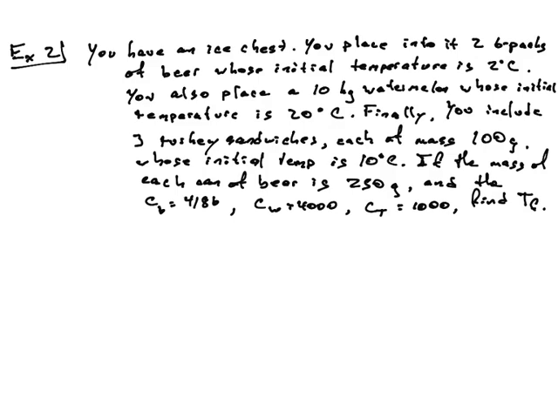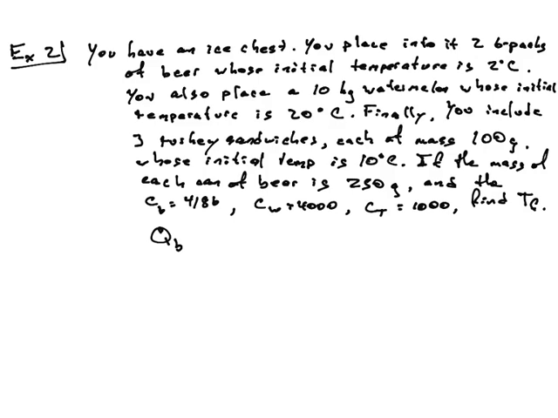So how do we go about solving this problem? Well, we're going to do it just like we've done every other calorimetry problem. First thing we include is how many pieces are in our system. Well, there's going to be a Q for the beer. How many will there be? Each beer, I know each beer's mass and each beer's temperature.